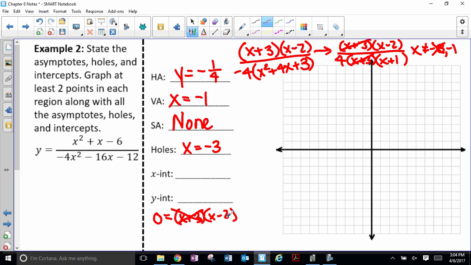So you actually only need the x minus 2 equal to 0. So x equals positive 2 is your x-intercept. So 2, 0. Because you could set that x plus 3 equal to 0, but you get x equals negative 3, and that was already a hole, so it couldn't be an x-intercept.